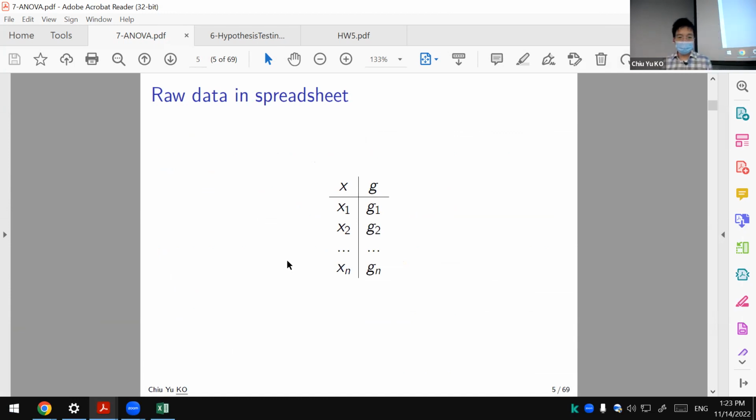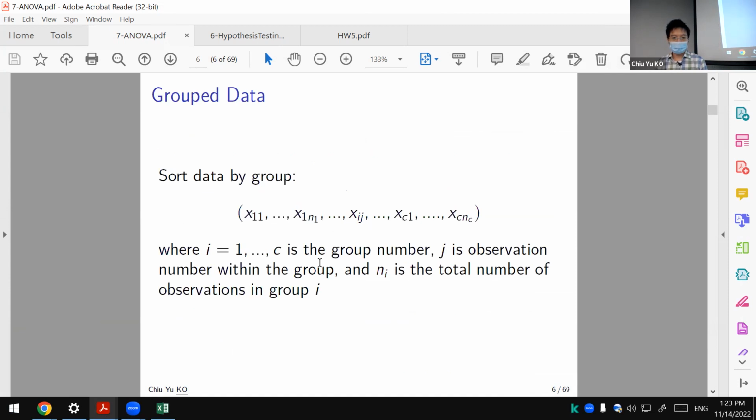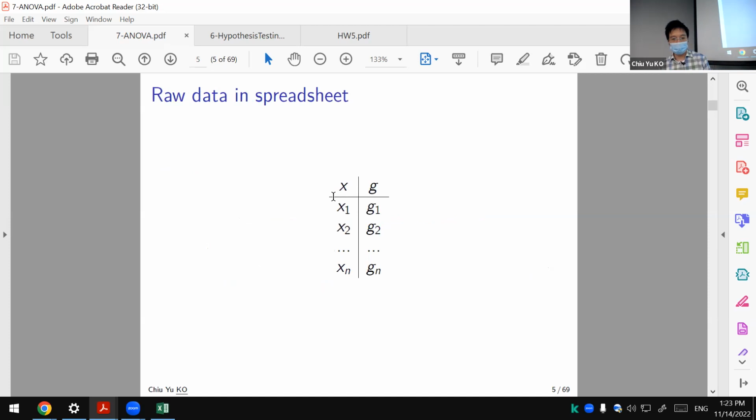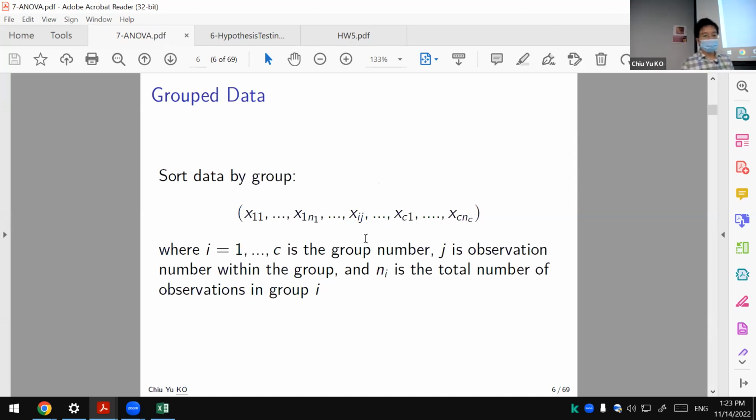The problem is this one is not super convenient to write. So this is how you would see the data in a statistics formula. Instead of saying x1 g1, let me finish this one, then we have a break. Sorry, xn gn. You would just group things together.